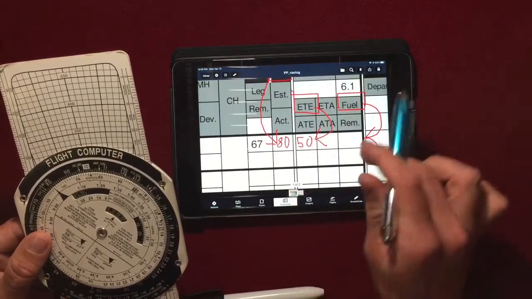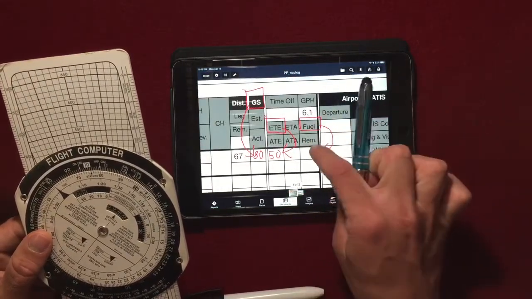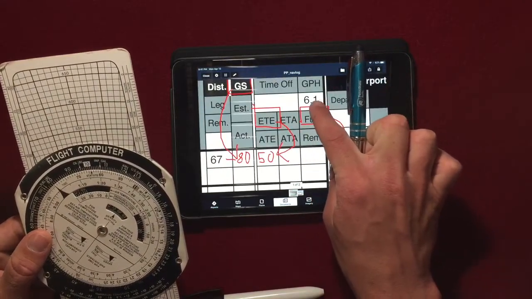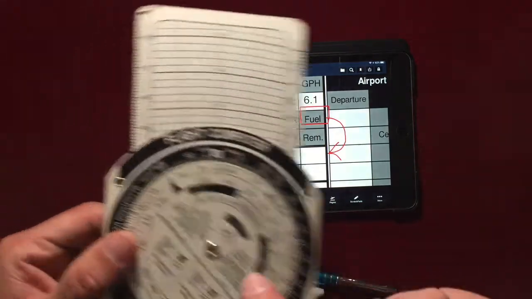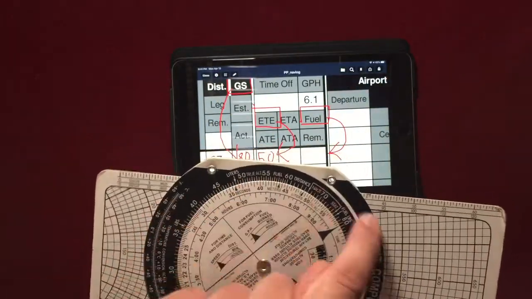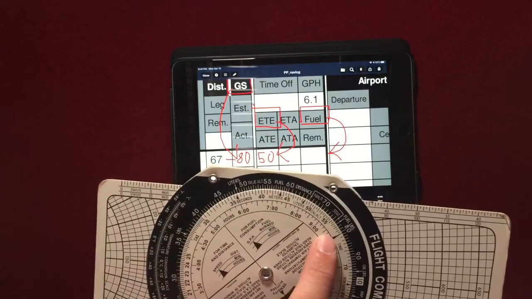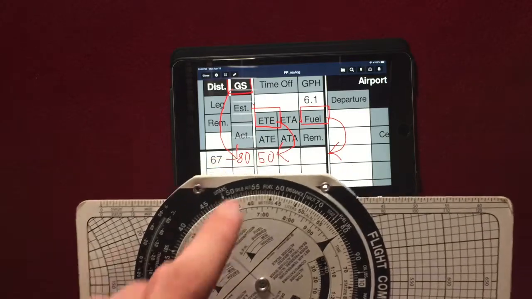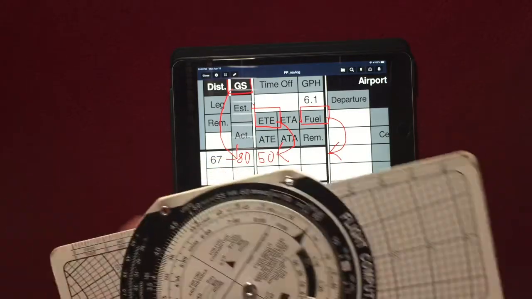Now that we have our time en route, we can get how much fuel we're going to burn. So, we know we burn 6.1 gallons per hour. We come back here, we look at our formula. It says fuel burn on the outside, minutes and hours again, the same as our time and distance, except the outer ring instead of distance is our fuel burned.